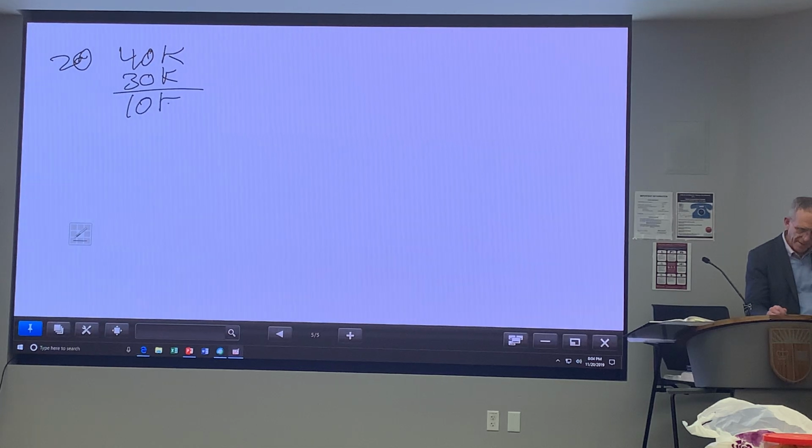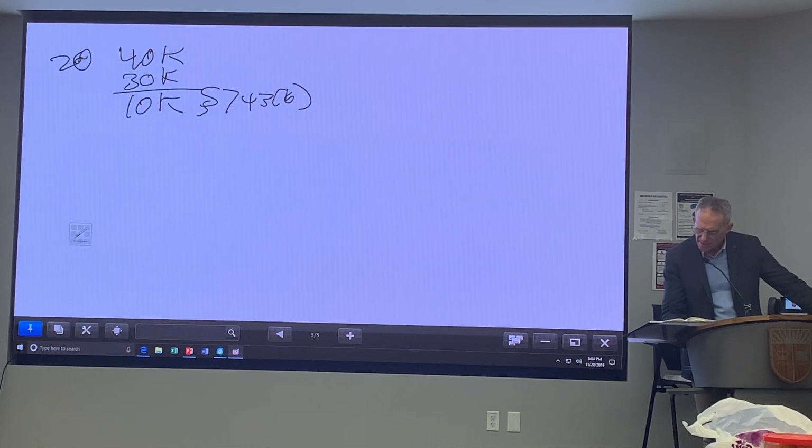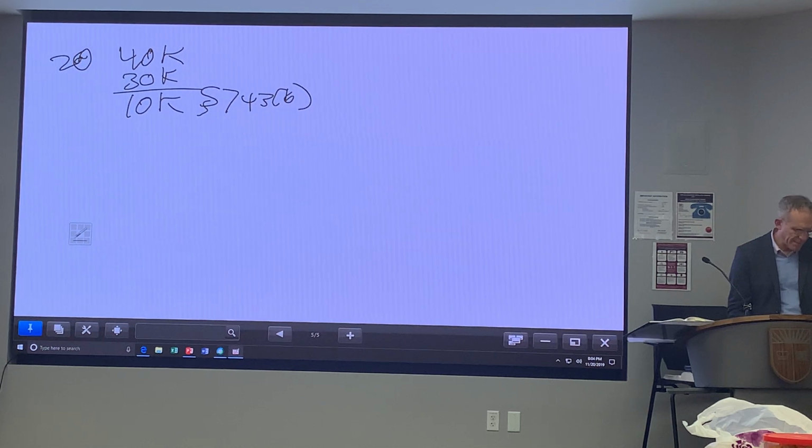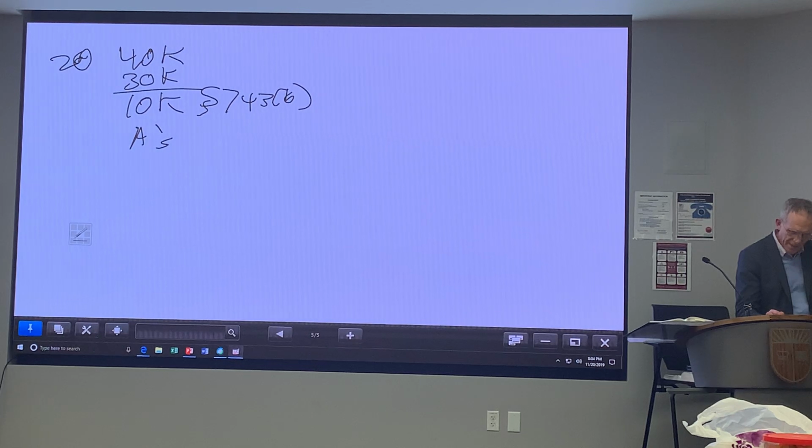So the 743(b) adjustment is 10,000. How is that adjustment going to be allocated? To the inventory and goodwill, just like we did before. So A's adjusted basis in the inventory is going to go up.